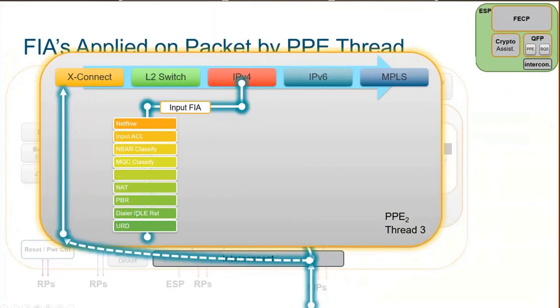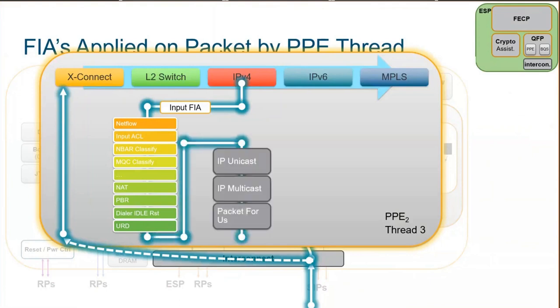We apply these features, and if an ACL is configured to block, that packet will be dropped here. But if it is permitted, then we further proceed. Similar to that, all the other features are applied. And once those features are applied, there are three scenarios. If it is IP unicast, it will be checked for the direct forwarding lookup. If it is IP multicast, it has to be replicated and then forwarded.